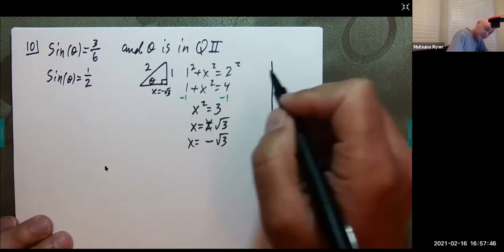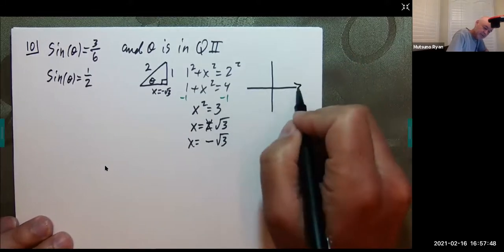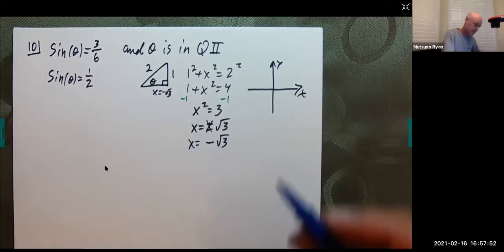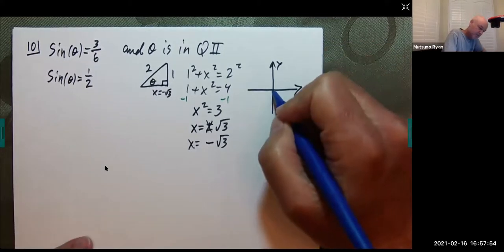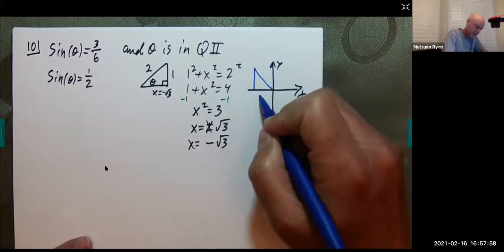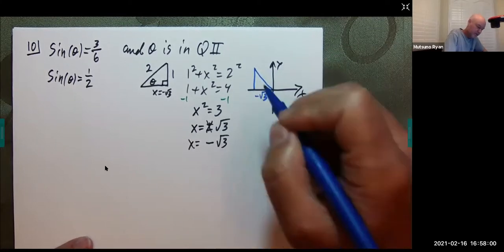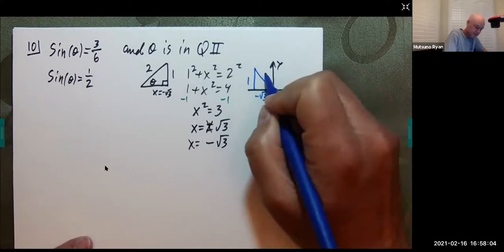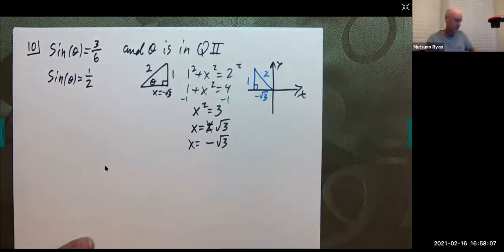Just real quick. So this is a negative root 3. This is a height of 1. And this is hypotenuse of 2. So kind of flip that one around a little.